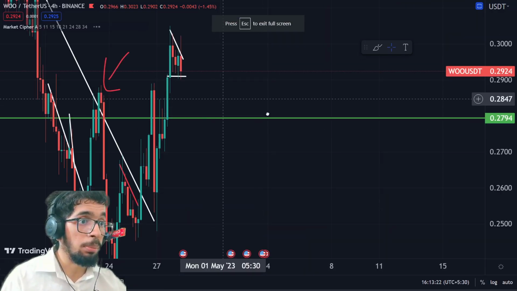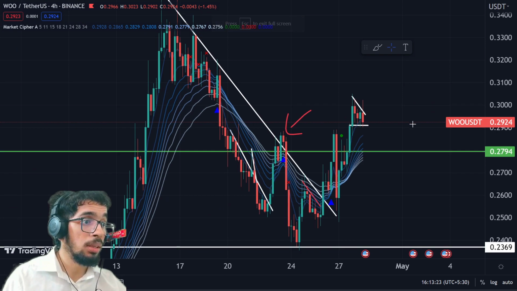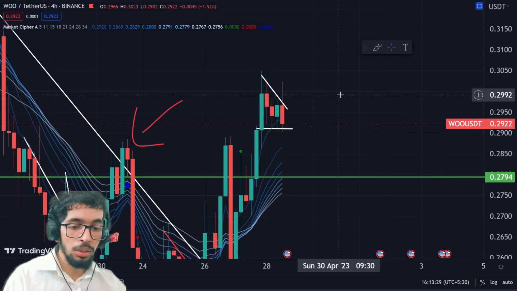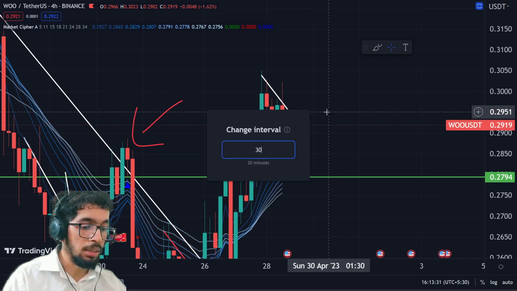Okay, so let's check Wu first. Wu is pumping, and right now Wu is very bullish. I'll show you on a 30-minute chart, so I can enter this trade nicely if I want to.